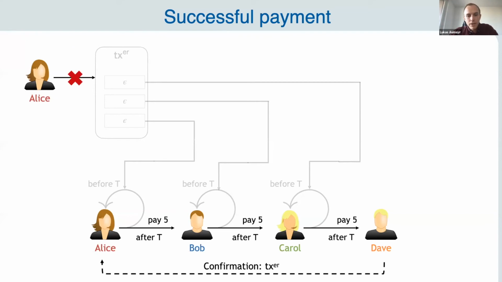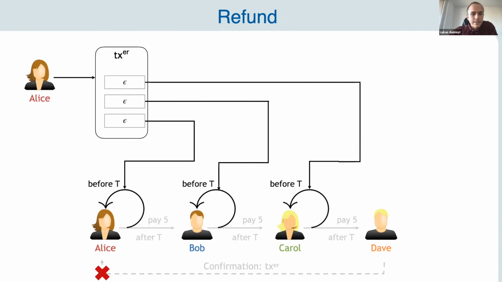And this is because Dave sent back this confirmation that ensures Alice that the refund that Carol uses in the channel Carol Dave is dependent on Alice publishing TXER. So if she doesn't publish it, that means that the money will go to Dave after this time t. Right. The second case is, of course, that Alice does not receive the correct confirmation, or she does not receive a confirmation at all.